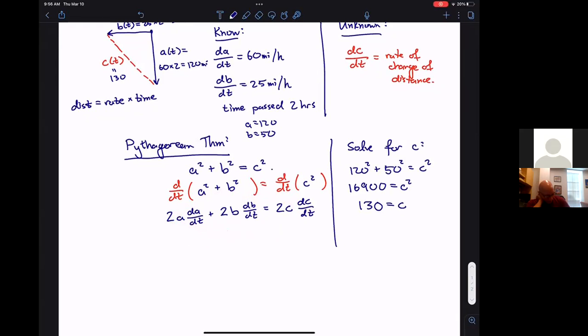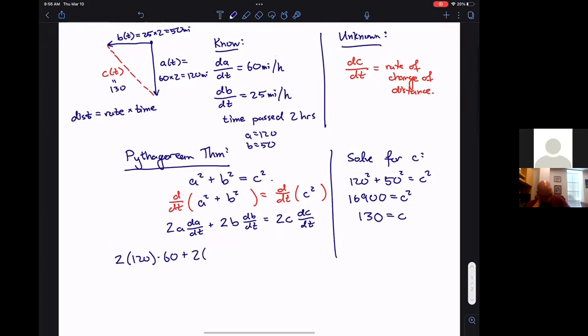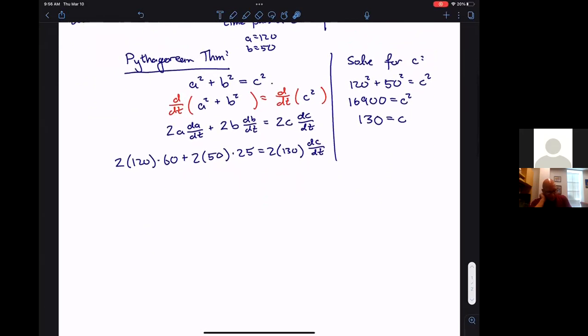So plugging in 2 times A, so there was 120 miles, times dA/dt was 60, plus 2 times B, B was 50 miles, times dB/dt, which was 25, equals 2 times C, we said it was 130, times dC/dt. Great. So now my unknown dC/dt is the only thing left that's unknown in my equation. I can now just do the algebra to solve.